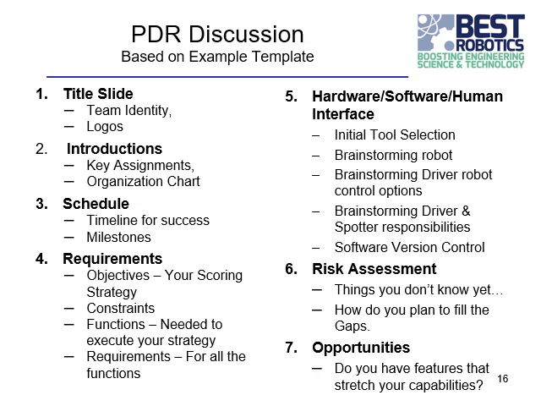And then talking about requirements, one way to divide those up is into objectives. So what's your scoring strategy? What are your constraints? Things like the size of the game field, the rules that tell you about the size of your robot, just in general, independent of the game field, and how heavy it can be.